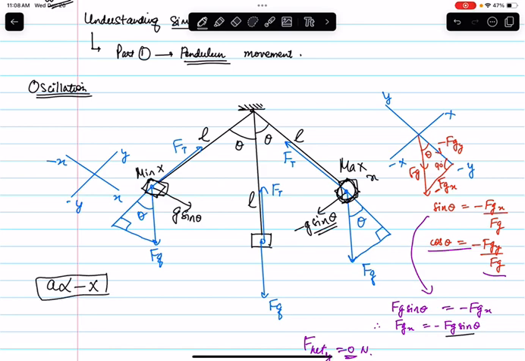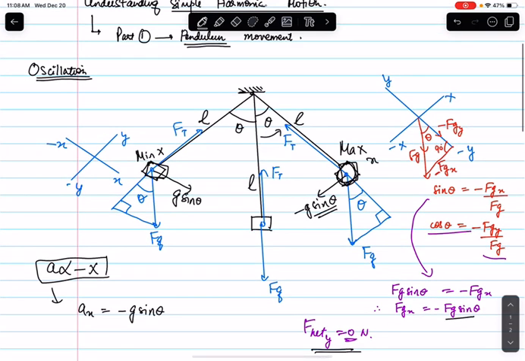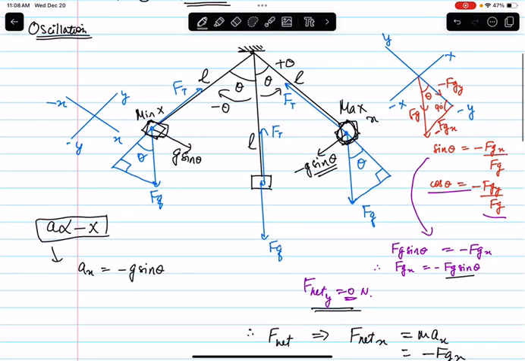Now, the reason why this happens is simple. The acceleration in the x direction is negative g sine theta. What we have defined is that if the angle goes in this way, it's the positive theta, and if it goes this way, it's negative theta. So at your maximum x position, your acceleration in the x direction is just negative g sine theta.